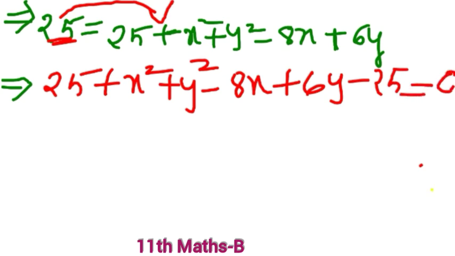Okay, 25, x square, y square, minus 8x plus 6y, and this 25 coming to the other side, it has the plus symbol, coming to the other side it becomes minus. Got it?